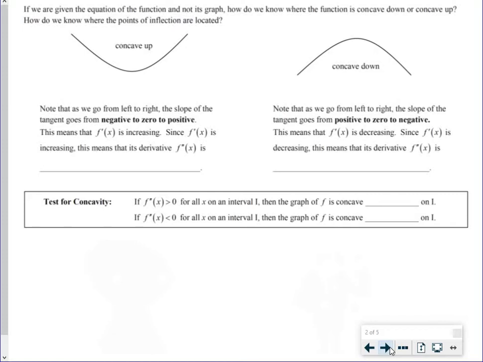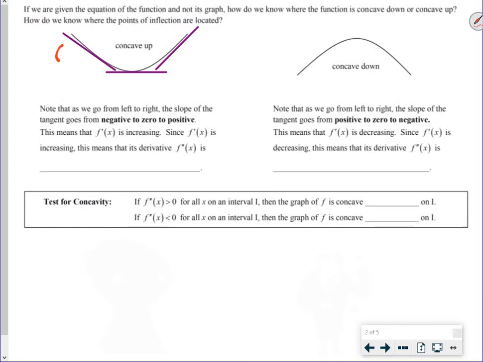So looking at the concave up curve to the left here, as you go left to right, the slope of the tangent goes negative to 0 to positive. So let's draw that. So we go negative to 0 to positive.